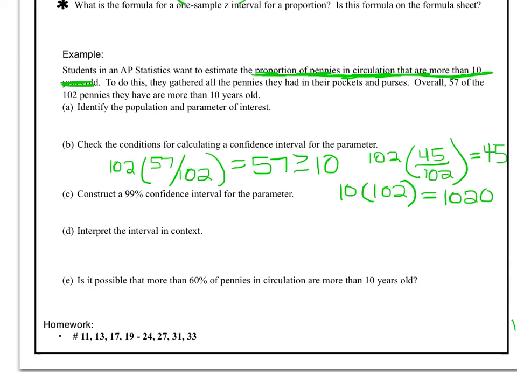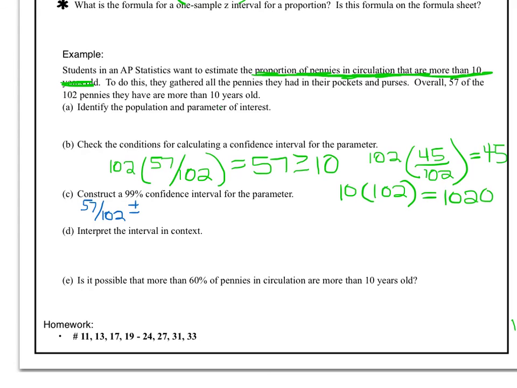So then I need to construct my confidence interval. And to do that, I use my formula. So I say the statistic, which is 57 over 102, plus or minus my z-star value. Okay, so I would plug that in and find the z-star value.